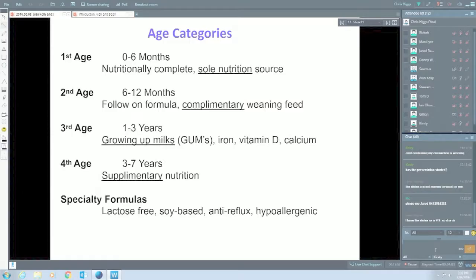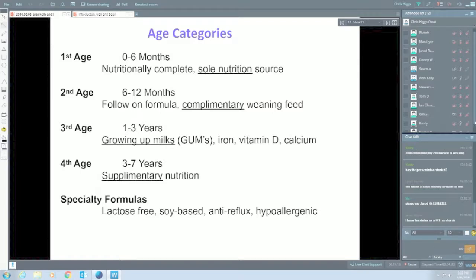So a lot of what we'll be talking about around modifying casein protein profile and whey protein profile for infant nutrition applications will actually be focused on what we call the first stage category of infant nutrition products. And this basically represents the first products for the first 6 months of life, essentially.